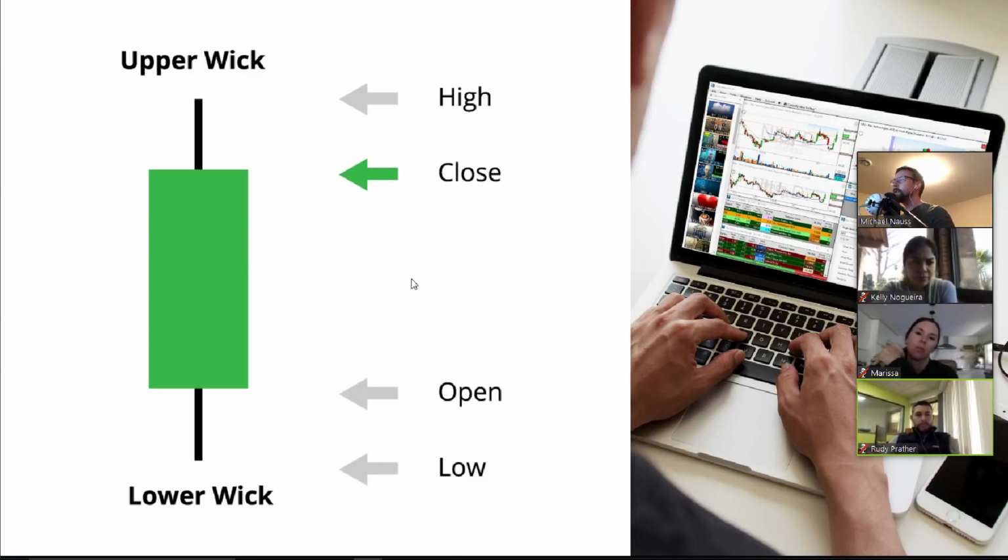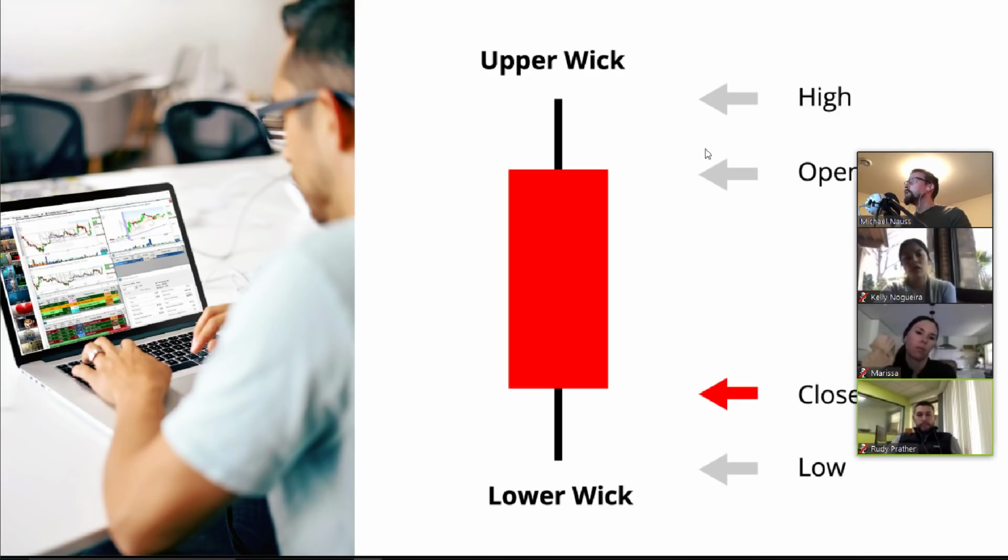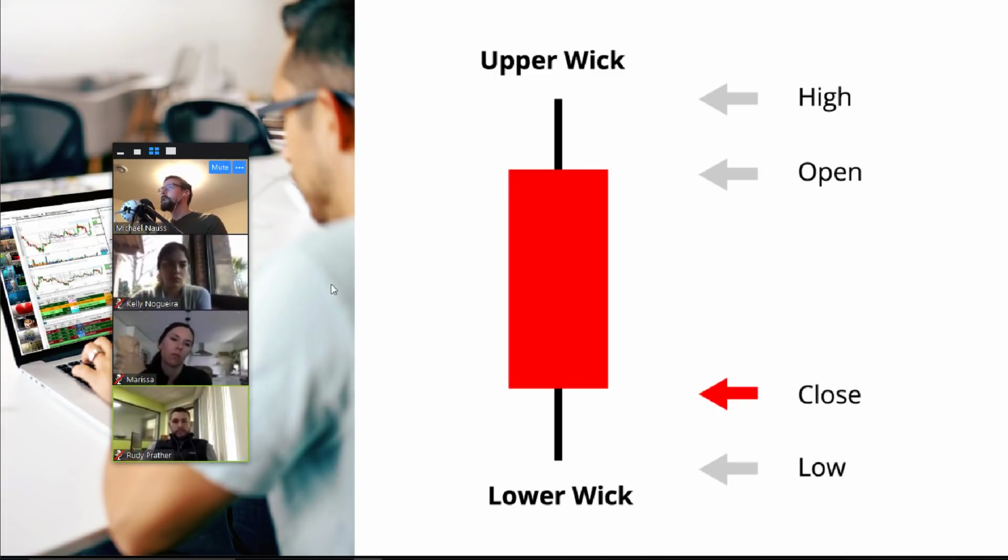That makes sense to everybody? There are some things we can derive from this, and we'll go into that more, but let's look at just the inverse here, where the same type of thing happens, and that's how you know it's a red candle.